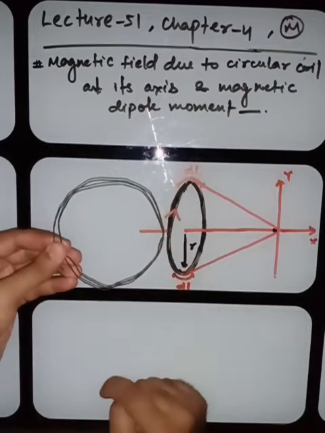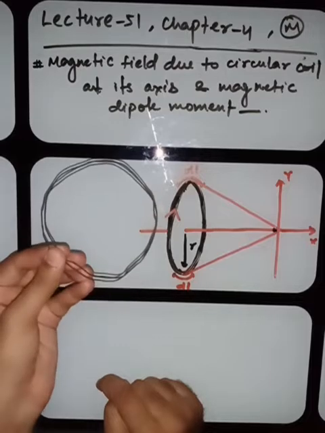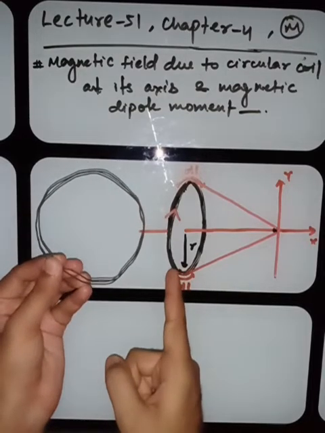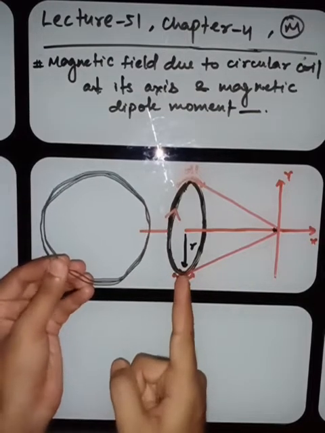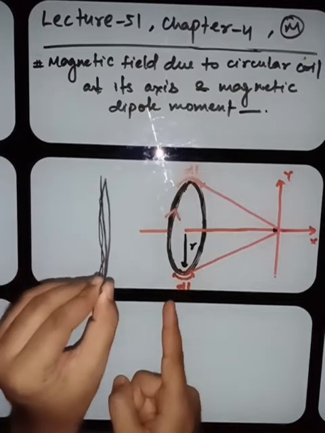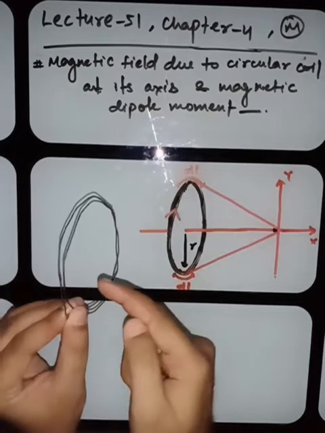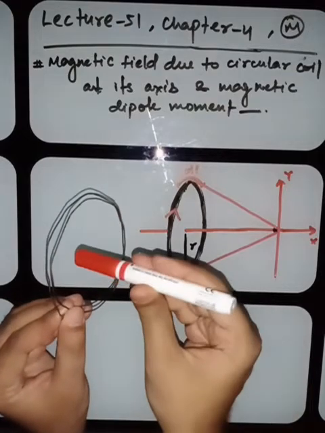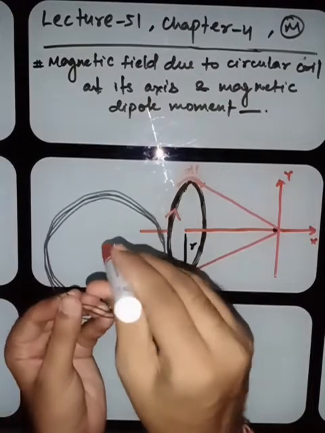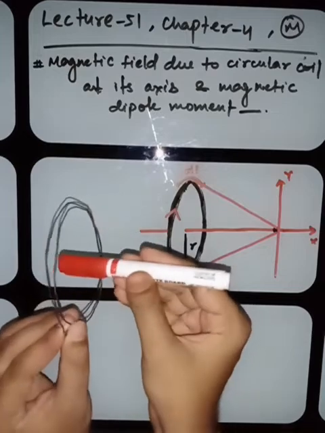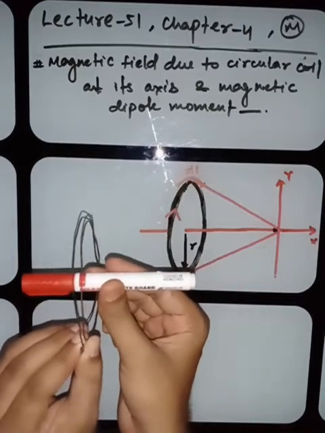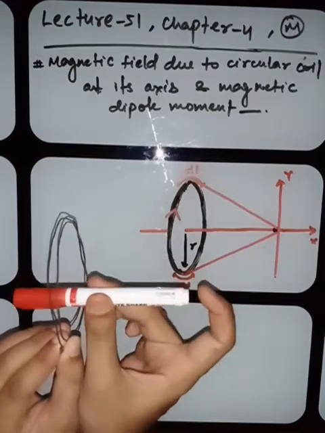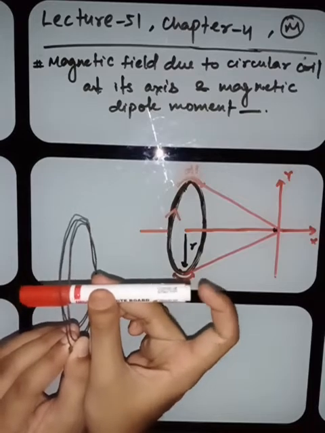Alright, and this particular conductor is this one, and you are looking at this conductor in side view, like this way. The axis side view, let me tilt it, and the axis is passing from here. Look here, the axis is passing from here, like this way. You have to find the magnetic field at this point.